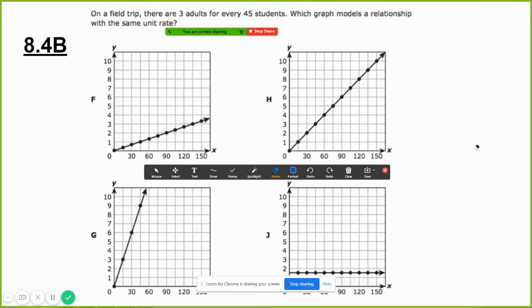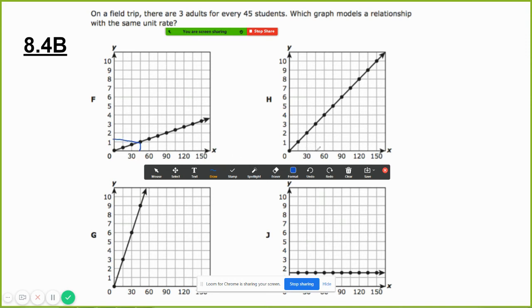It says, on a field trip, there are 3 adults for every 45 students. Which graph tells us that? 3 adults for every 45 students. So it looks like the students have to be here. So if this is 30, this would be 45. That would be 60. So if we go up and over, that's not 3.